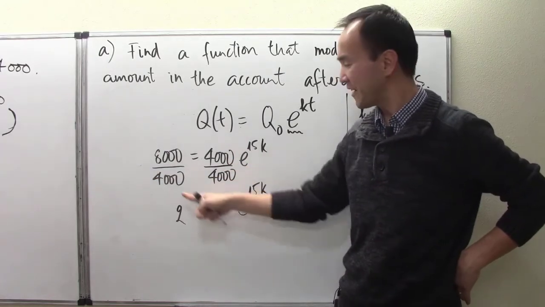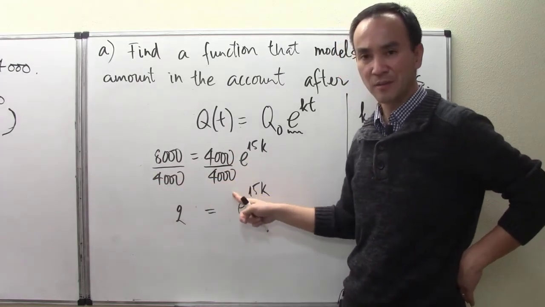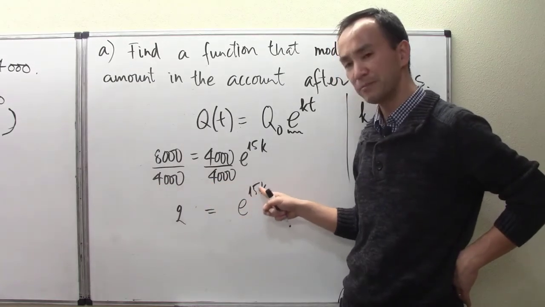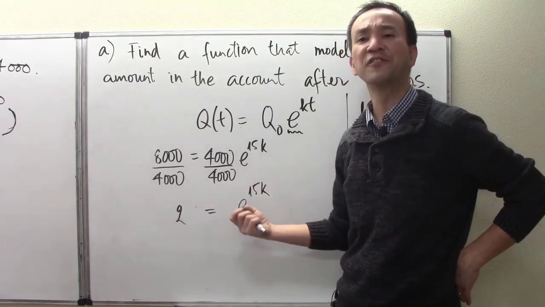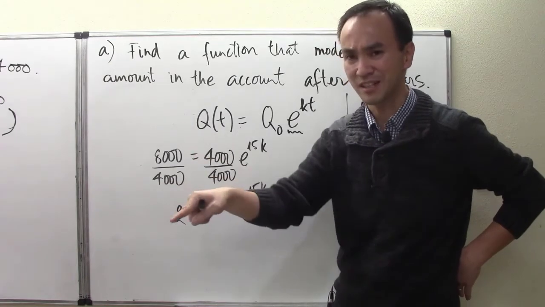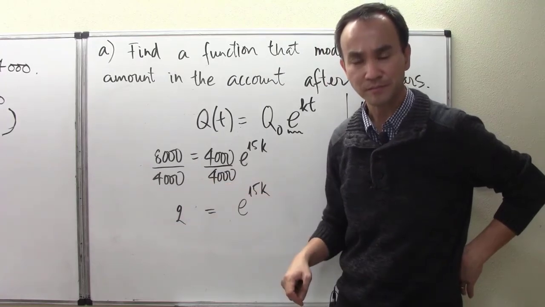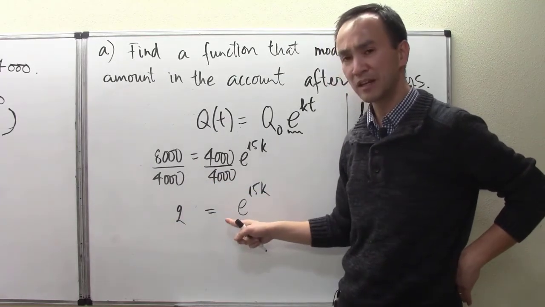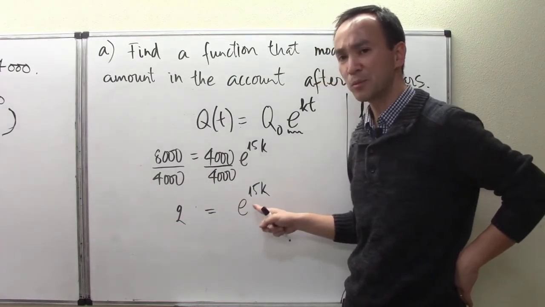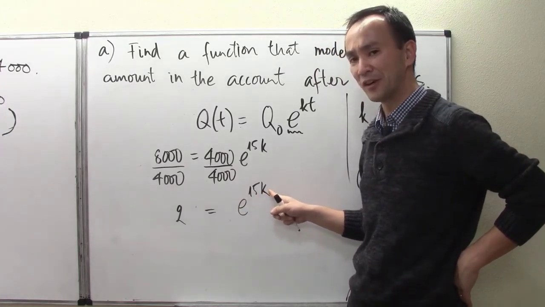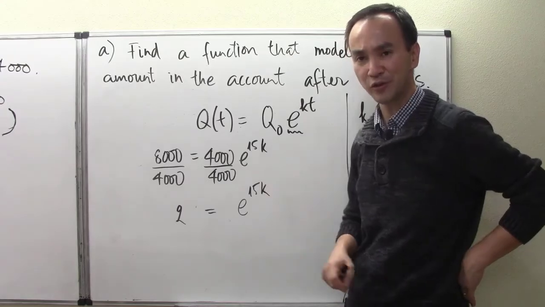And here, after canceling away the common coefficient 4,000 on both sides, it ended up with e to the 15k equals 2. You're even further firm that this is an equation in exponential form, simply because the variable we're solving for is in the exponent.